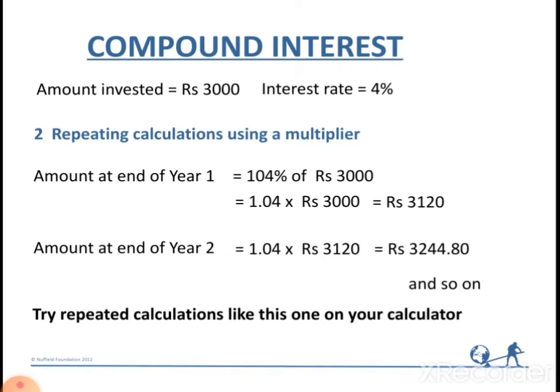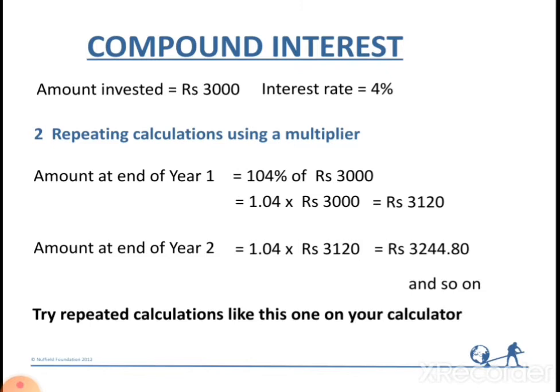Compound interest: amount invested is rupees 3000 and the interest rate is 4%. After 1 year the amount will be 104% of 3000. If we convert the percentage into a number, it will be 1.04 multiplied by 3000, which is 3120. The amount at the end of year 2 will be 1.04 multiplied by 3120.